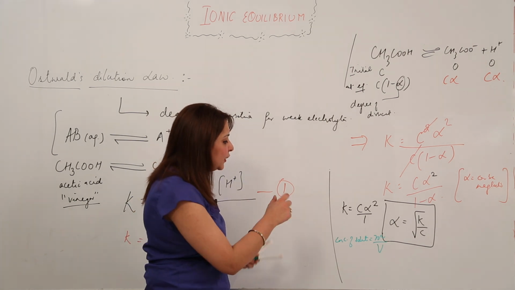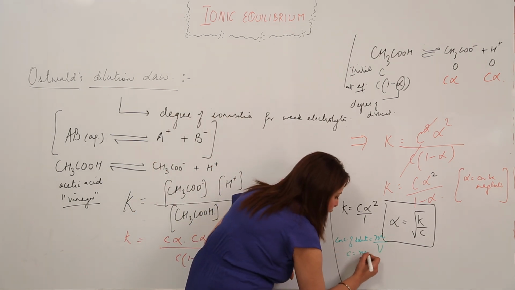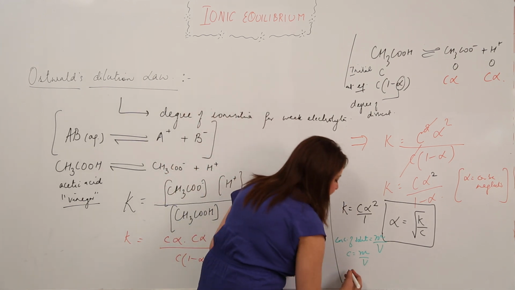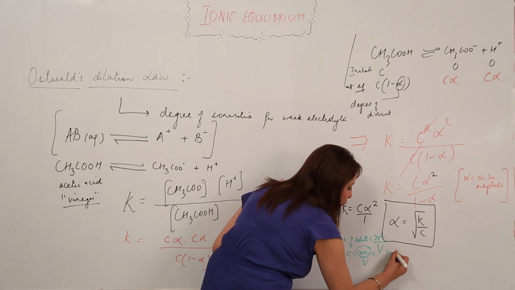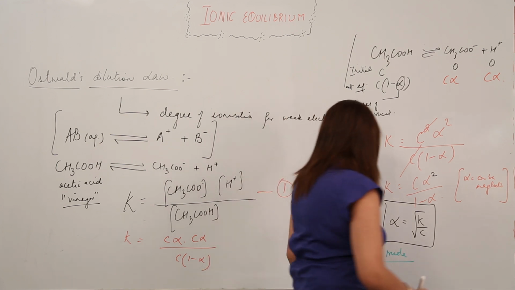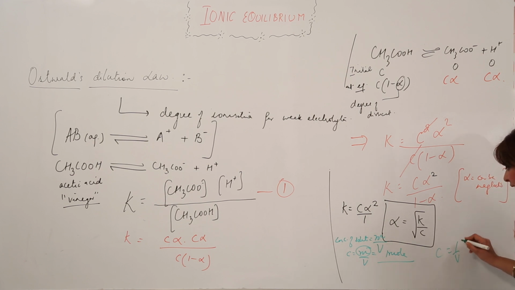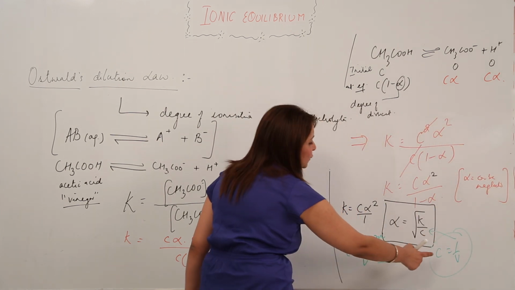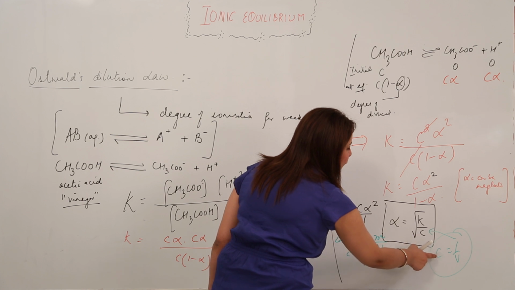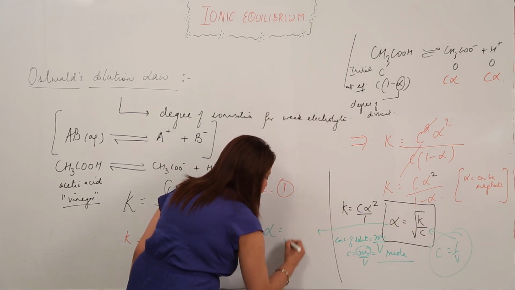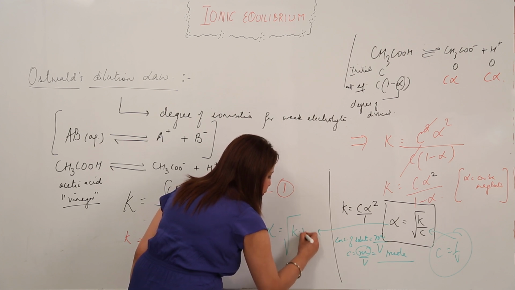So concentration is equal to M upon V. If I take M as 1 mole, I can write that C is equal to 1 upon V. If I put this value of C into this equation, what do I get? I will get alpha is equal to root K into V.